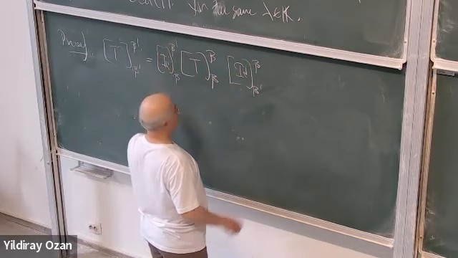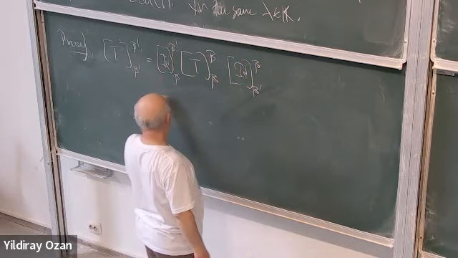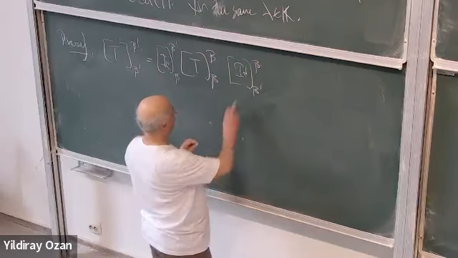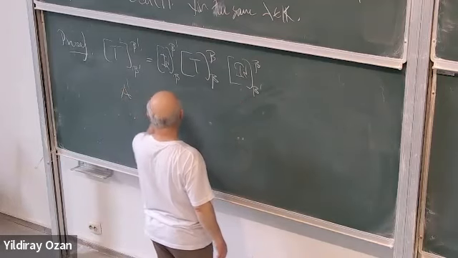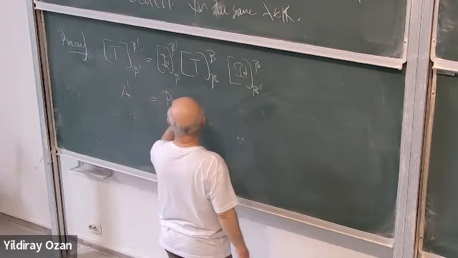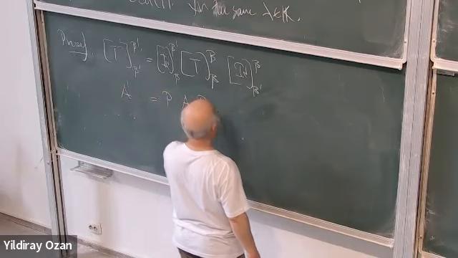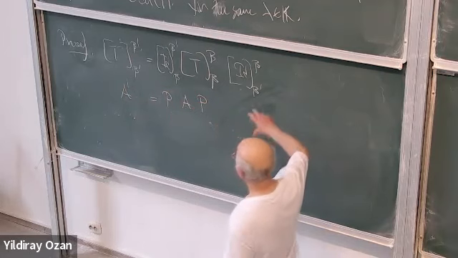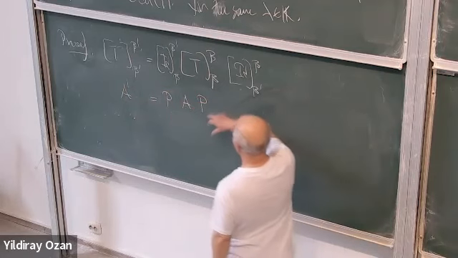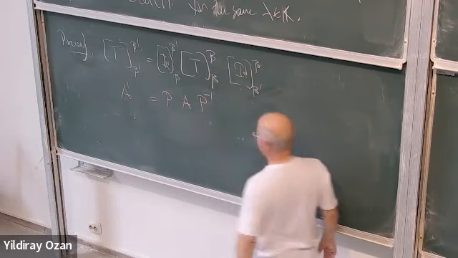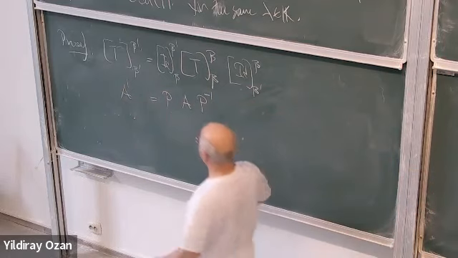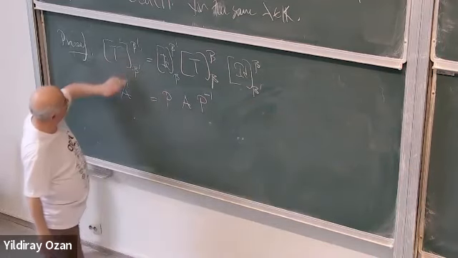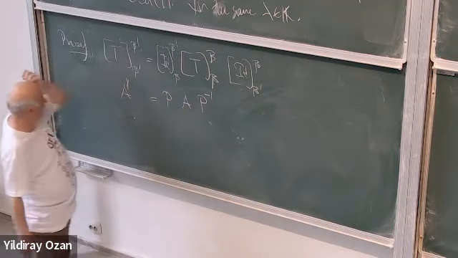So if this is, let's say, A prime, this is T, and hangisine verilmiş? Fark etmemiş. Birine verilmiş. Yine elinizde böyle bir şey var. This is the representation of T, of the same operator.